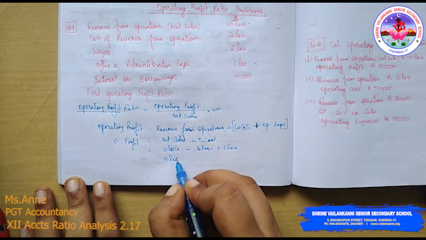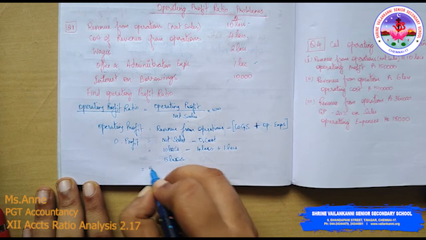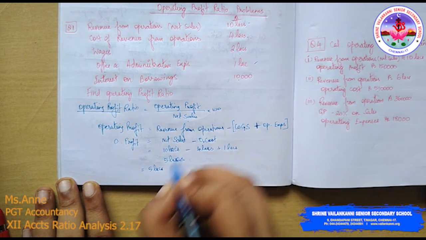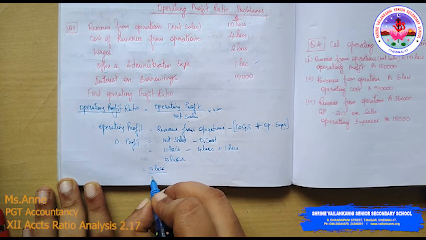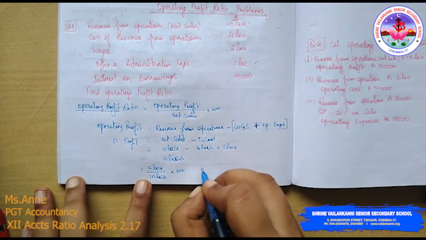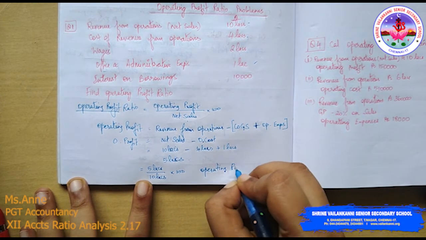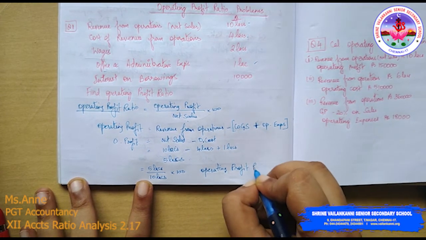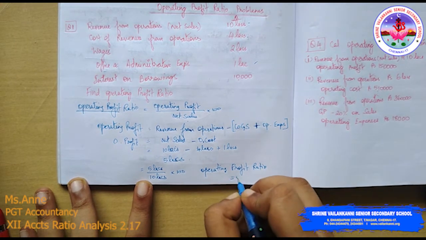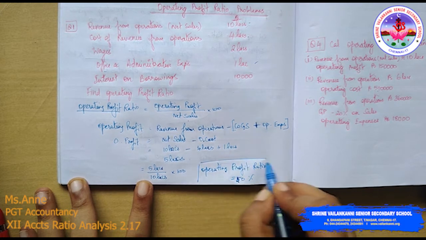Now operating profit ratio will be 5 lakhs, operating profit, divided by net sales 10 lakhs into 100. So operating profit ratio is 50%. I am sure that you are able to follow.